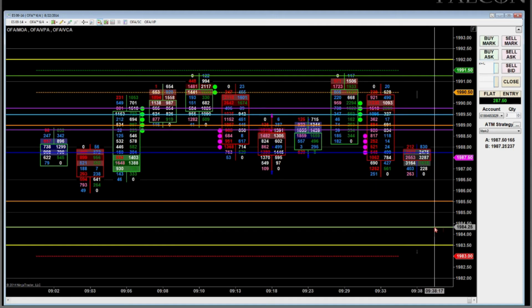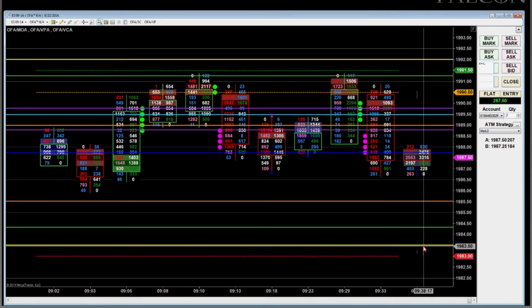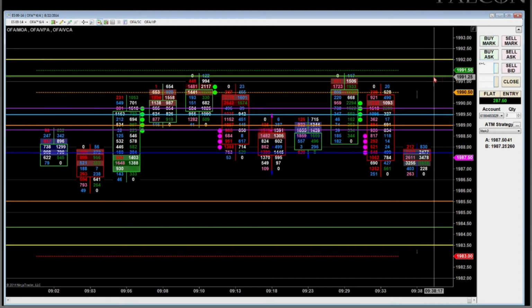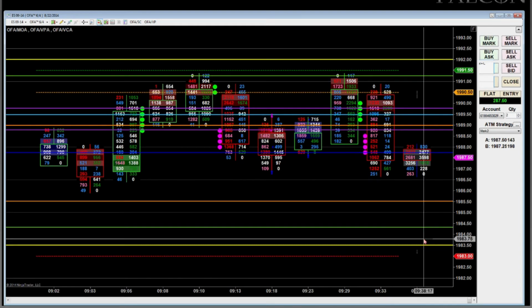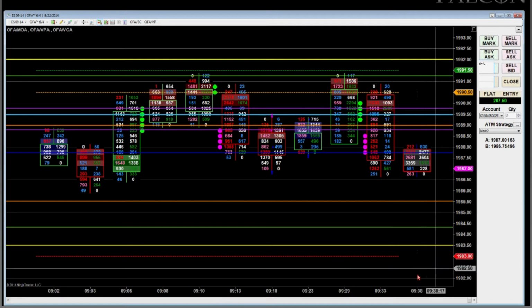My other trade is if price comes through here, and this is kind of interesting because on either side of IB right now, I have yesterday's high and yesterday's low. So if I'm going to take a short off a retest of IB, assuming that stays an intraday low volume area, or a long off a retest of IB, I need to see volume building out, and I really need to see price coming through these highs and lows before I'll take a short.